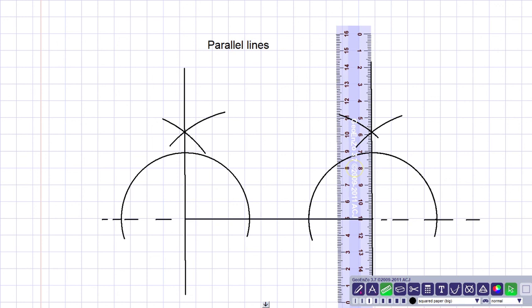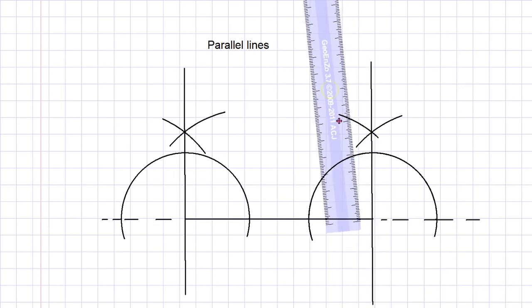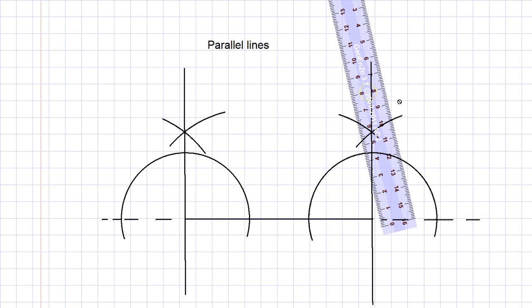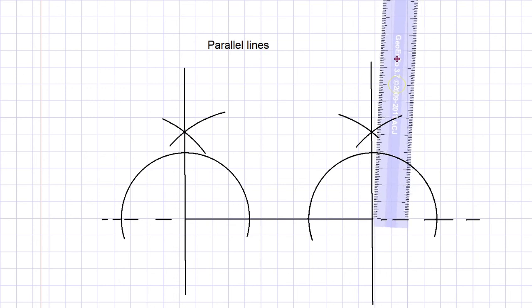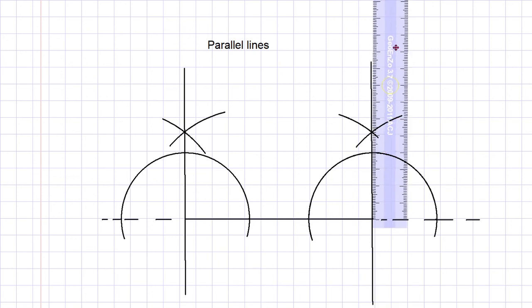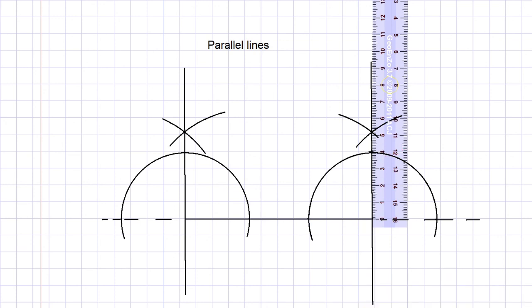Now using these lines we can draw the parallel lines. Think if we want to draw parallel lines 4 centimeters away from this. So let's mark 4 centimeters using ruler. This place is 4 centimeter place.